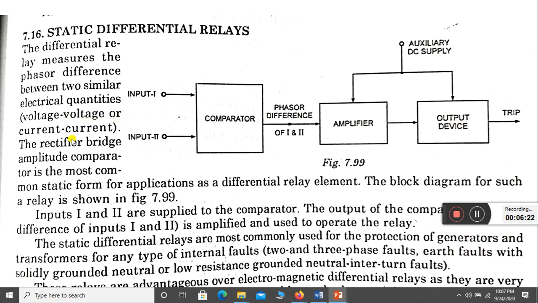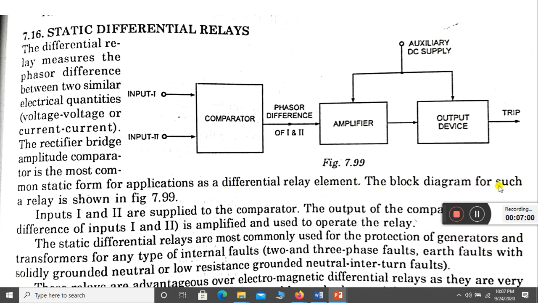The rectifier bridge amplitude comparator is the most common static form for application as a differential relay element. We discussed the bridge type of comparator in previous classes, and this is the same.